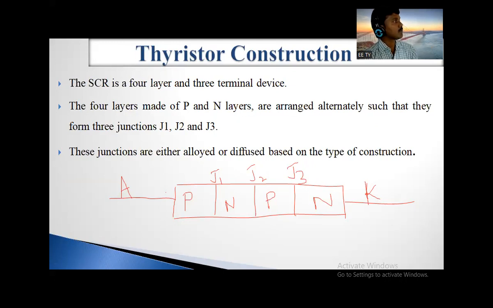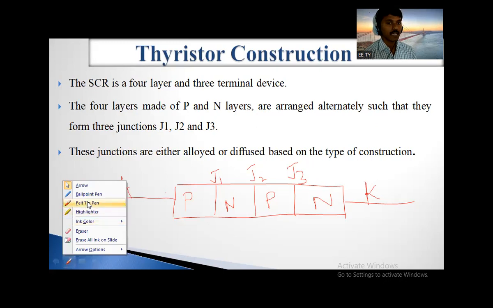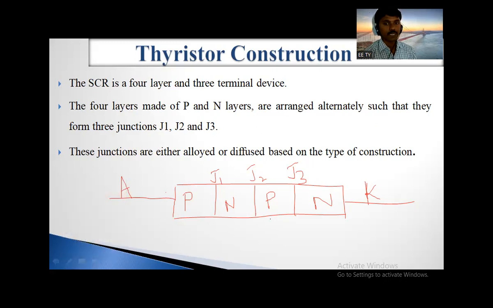For controlling the power, or for controlling the voltage or current, we are using one more terminal, and that terminal is attached to the inner P layer. The terminal which is attached to the inner P layer can be called as a gate.